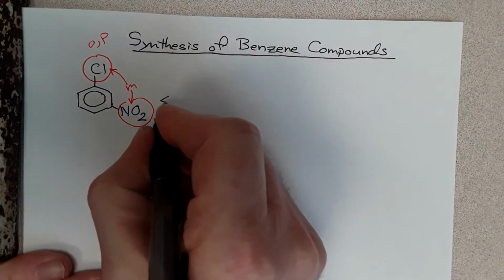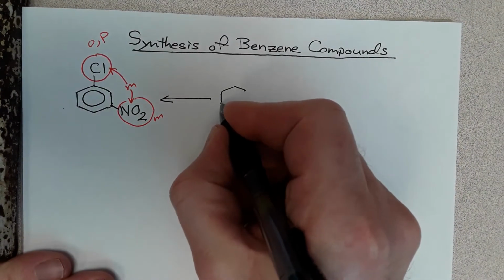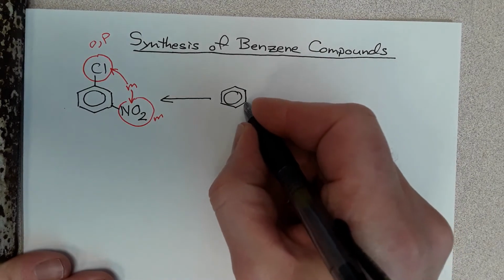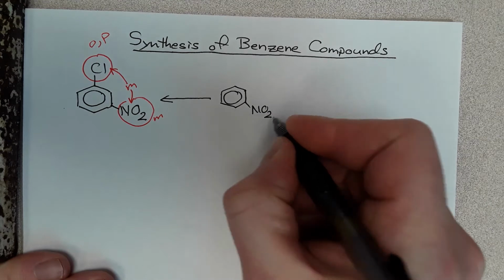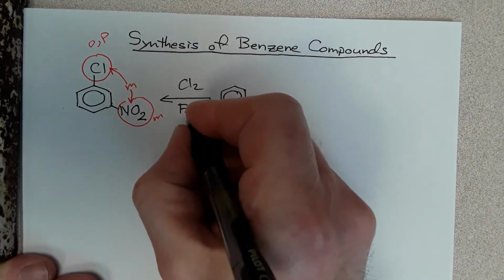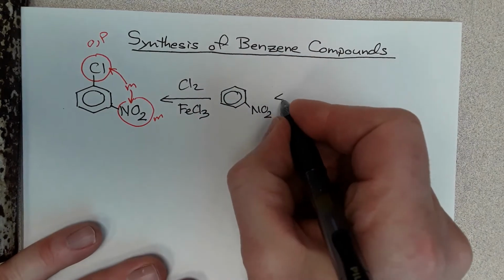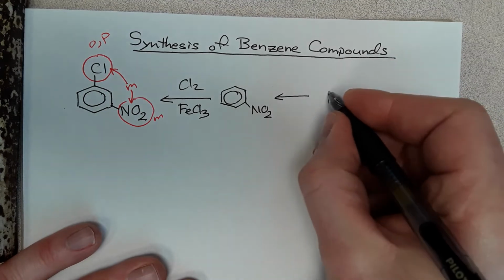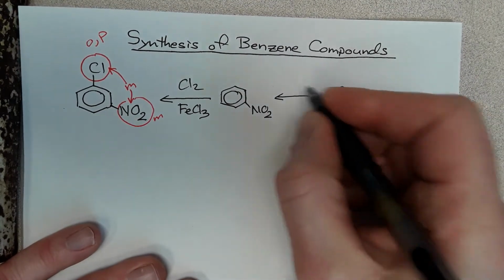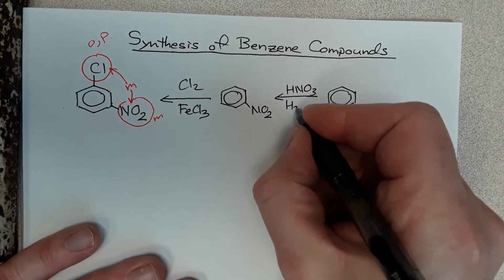So the last thing that we are going to do in this synthesis is to add the chlorine after we have already added the nitro group. And we'll do that by adding Cl2 and iron trichloride as the catalysts. And then we're just working backwards one more step to benzene, adding the nitro group by adding nitric acid and sulfuric acid.